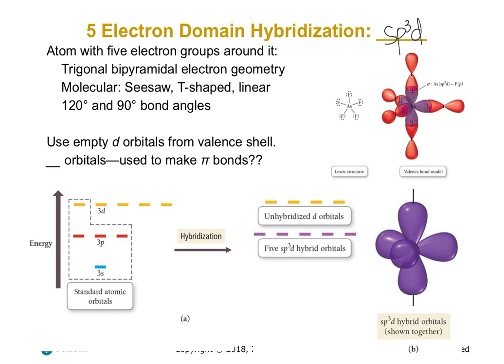So basically what we think is happening is that we have an s orbital, the 3 p orbitals, and then now we're tapping into the d orbitals. So we'll use a d orbital to give us our 5 hybrid orbitals, so 1 from s, 3 from the p's, and 1 from the d's. And now these unhybridized d orbitals could theoretically give us pi bonds if possible, but we're not really going to see this.